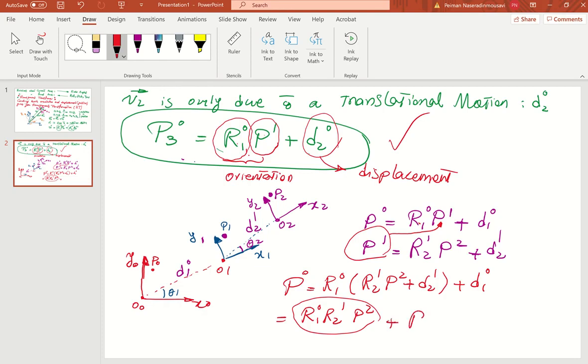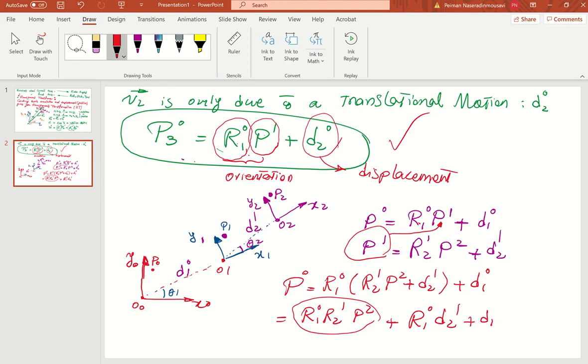Plus R1 with respect to 0, D2 with respect to 1. See, you have to multiply this D2 by this rotation matrix to express it in this coordinate system, because X1 is rotated by theta 1. Understand?